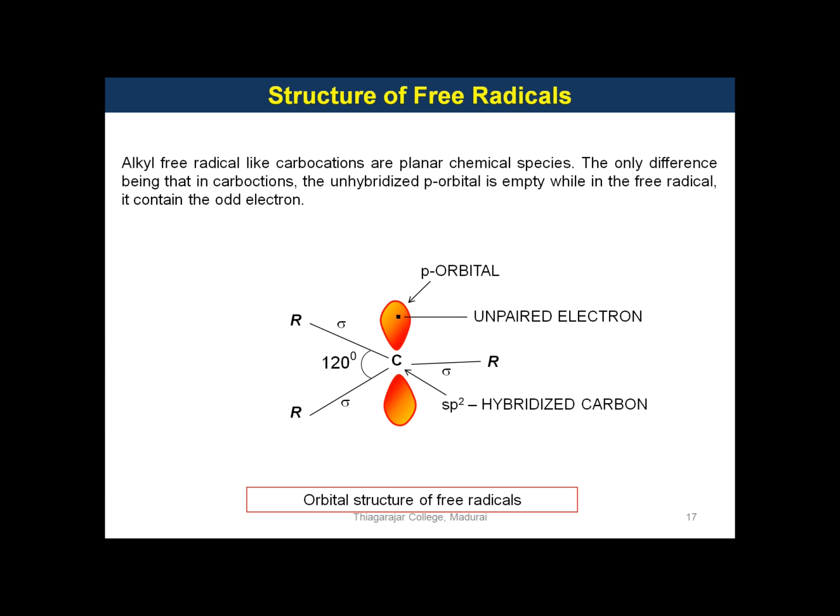Free radicals are the species with a single electron and thus they are electron deficient in nature. A carbon free radical is sp2 hybridized with a p orbital carrying single unpaired electron in it. Hence, a free radical has a planar geometry. The carbon in free radical is trivalent and has 7 electrons in it.